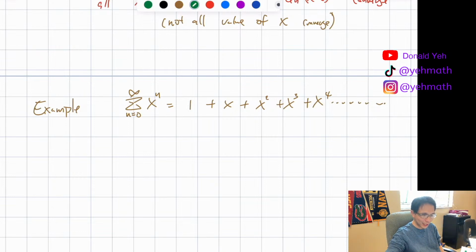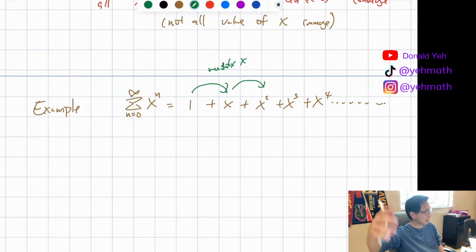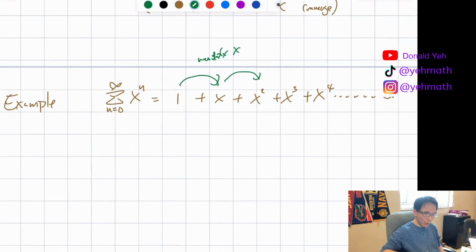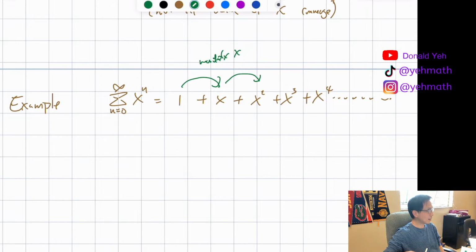Why is it geometric? Because each time the term is multiplied by what? Multiplied by x, right? So x times x times x times x times x. So the thing is, here it says, what can you do to make this a function? Is it possible for me to represent 1 plus x squared plus x cubed plus x to the 4 as a function? No, not x to infinity.